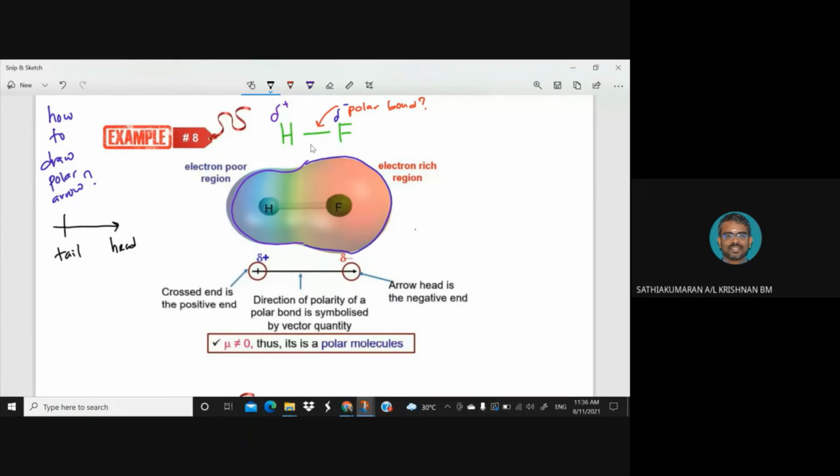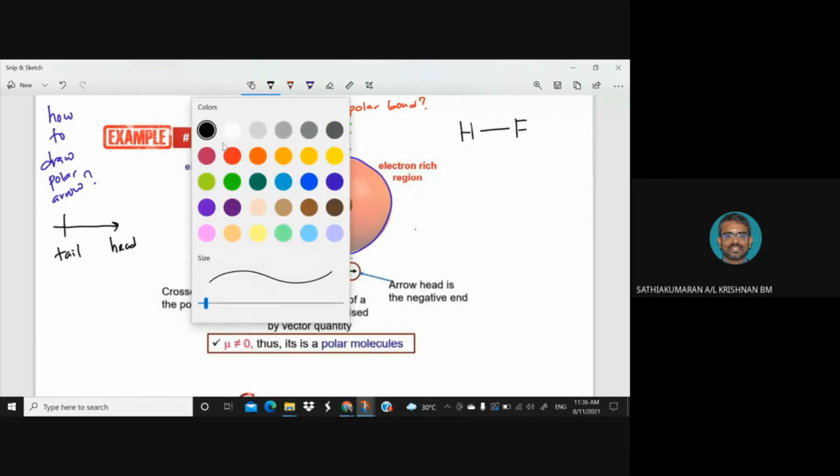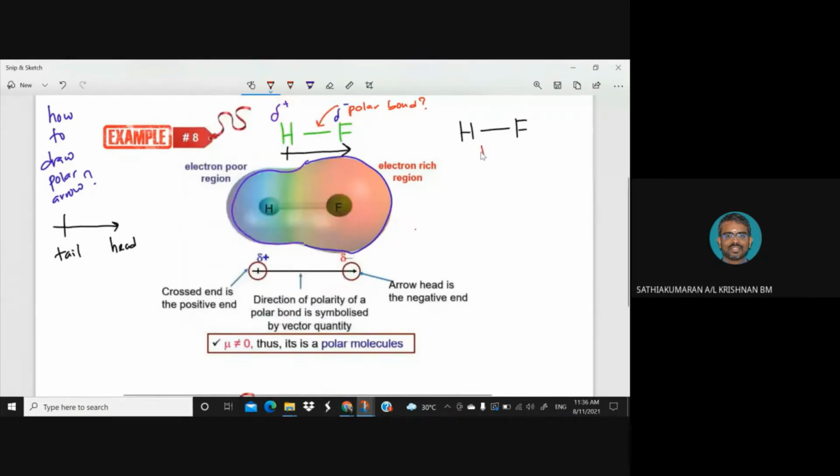So your polar arrow will be like this: start at the less electronegative atom and stop at the more electronegative atom. If you draw it like this, it's wrong. The polar arrow should go from atom to atom, not to the bond.